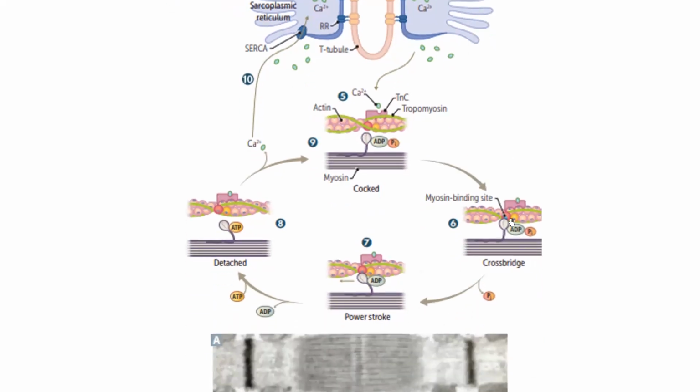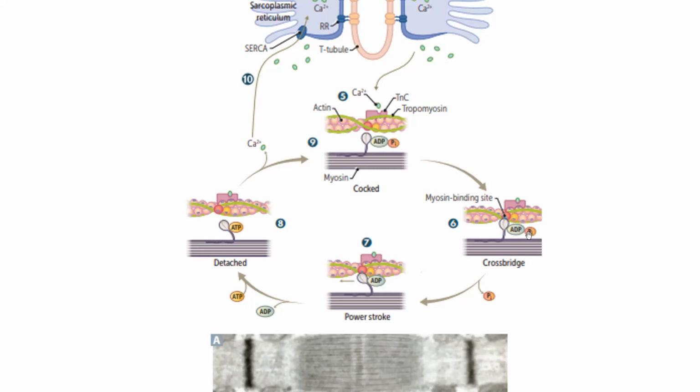Afterward, when the binding sites are already free because of attachment of calcium to troponin C, the myosin head attaches to the actin binding sites. And now this is called the cross-bridge structure.